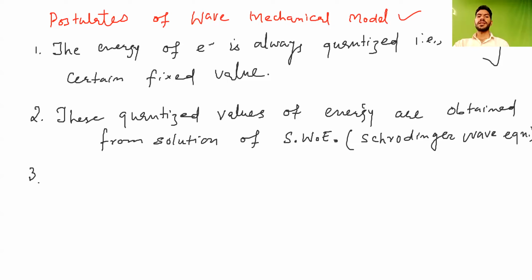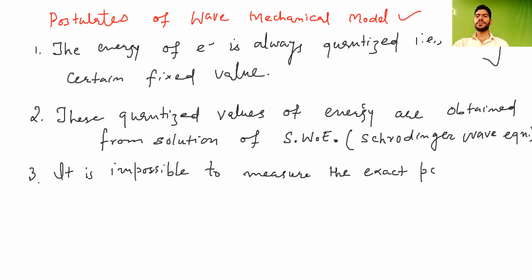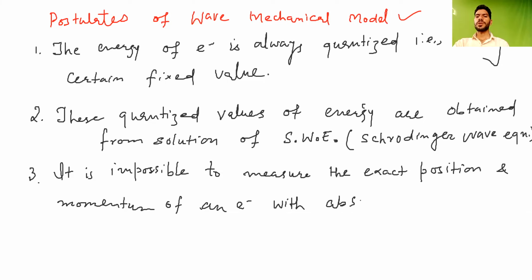What was that? It is impossible to measure the exact position and momentum of an electron with absolute accuracy, right?